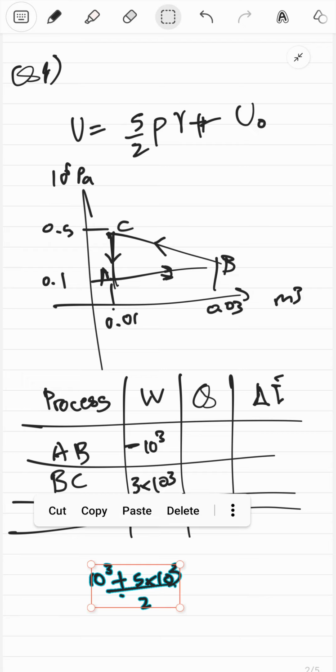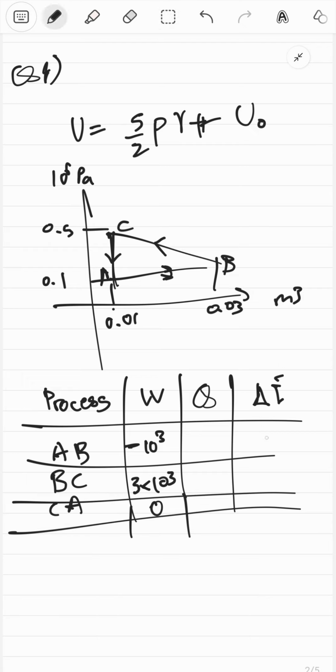For the heat exchange, it's easier to just calculate delta E first. So what's delta E for this thing? It's just 5 upon 2 PV, right? Yes. So for the A to B transition, it's just P delta V essentially.